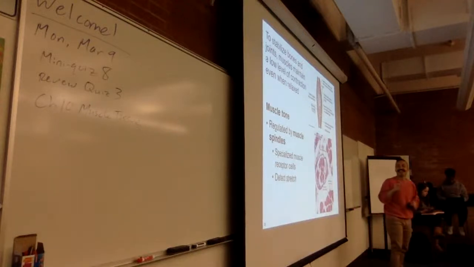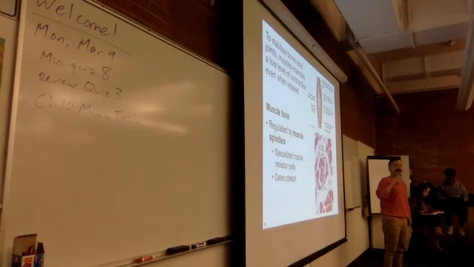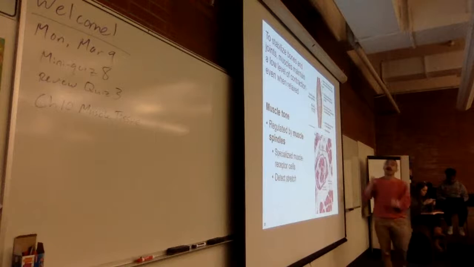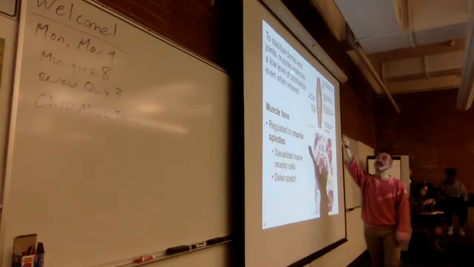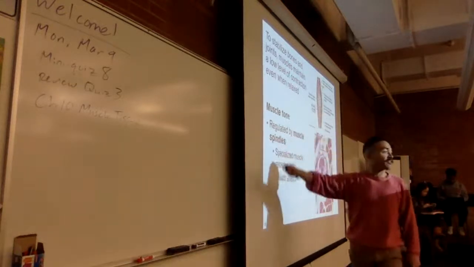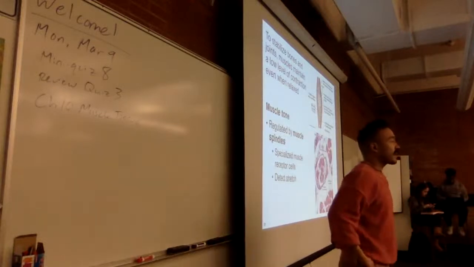We're not just blobs. We need tone because otherwise we would just be blobs. We need to have some kind of posture, some kind of support. So our muscles are always slightly contracted. That's what muscle tone is.